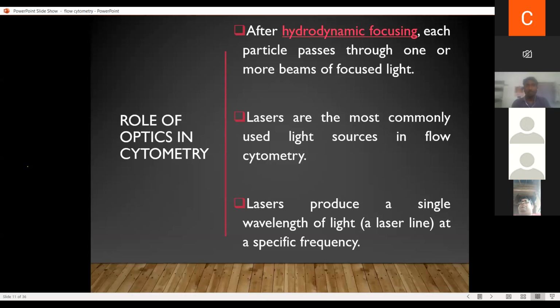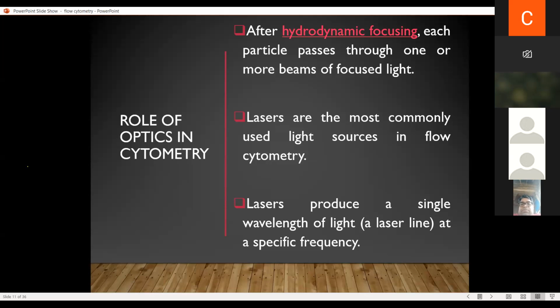After hydrodynamic focusing, each particle passes one by one through a focused light. As I already told you briefly, here we are using a laser as the optic system. Laser is the major light source in flow cytometry.